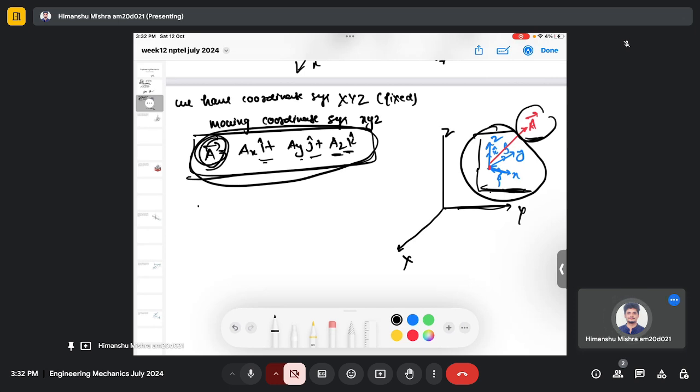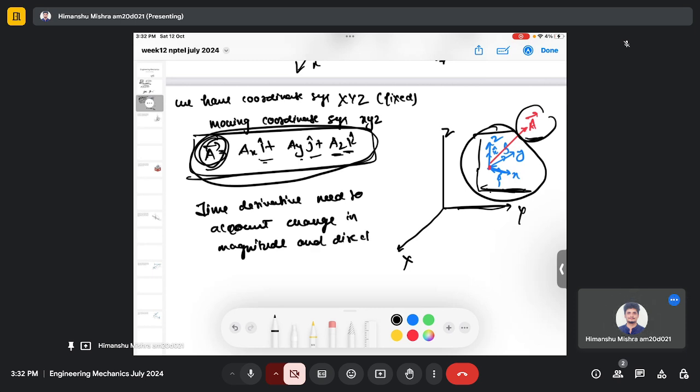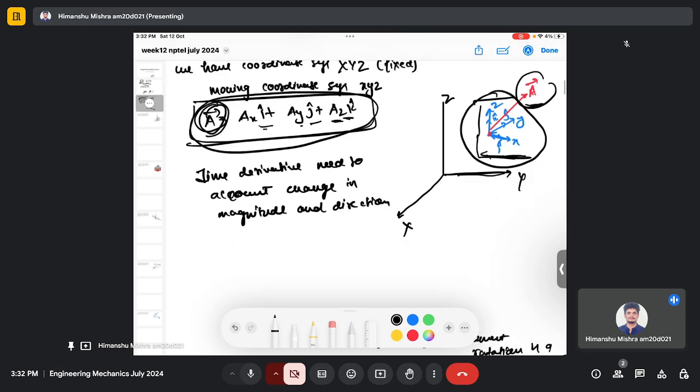So the time derivative needs to account for the change in magnitude and direction, right? If I take the time derivative of this vector, it needs to account for both the change in magnitude and the change in direction.